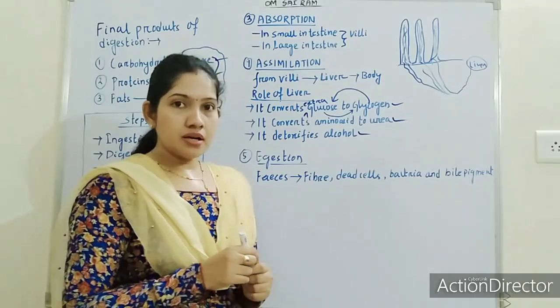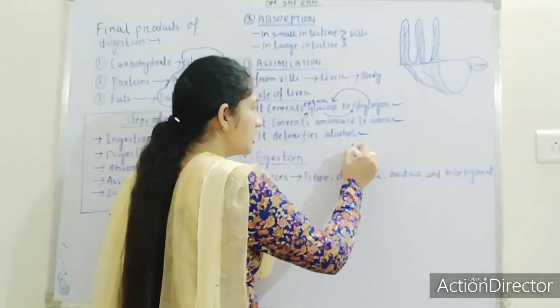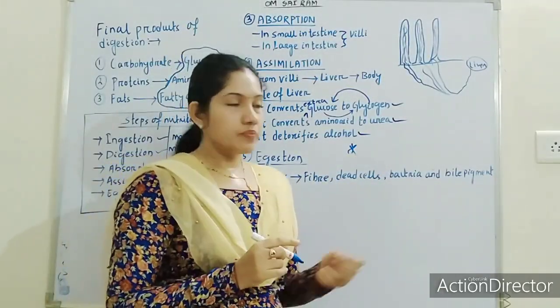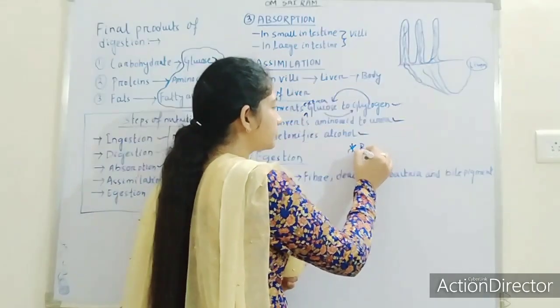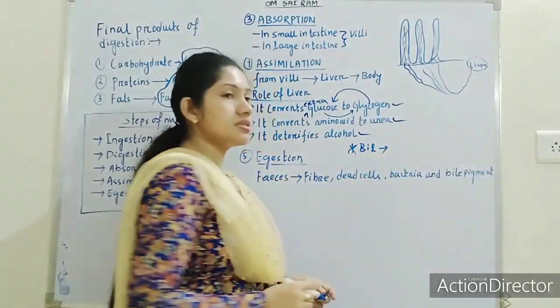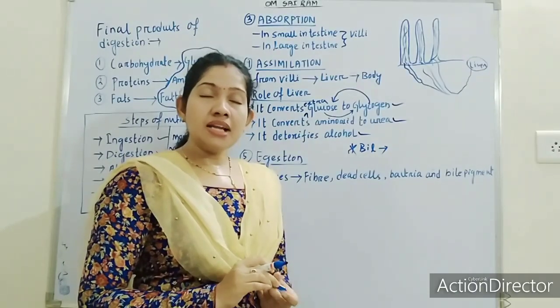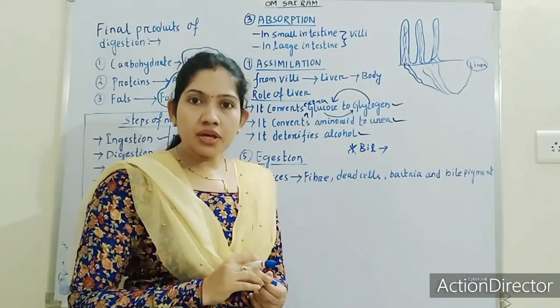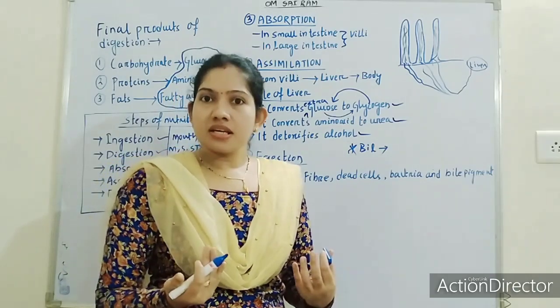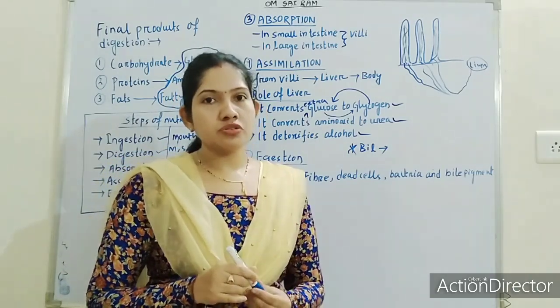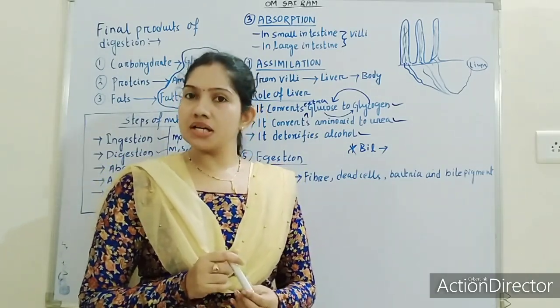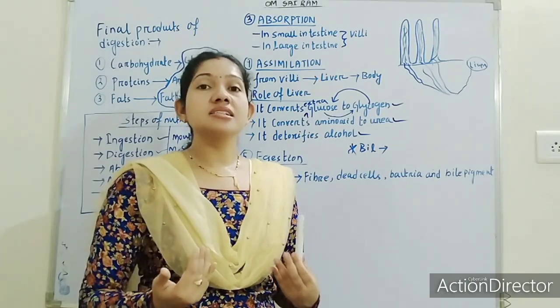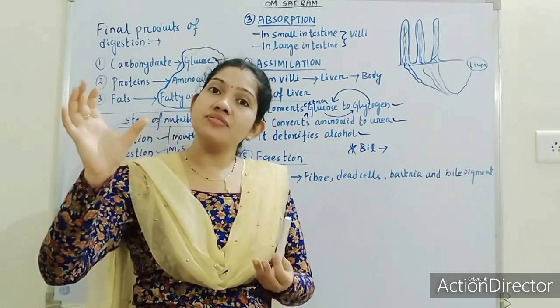And remember one important thing I am saying here, it is not there in your book. What is bile? Do you know? Bile is nothing but the dead blood cells. Okay. The blood cells in our body, we will read details in the circulatory system. RBC, red blood cells. The blood cells in our body have some lifetime.